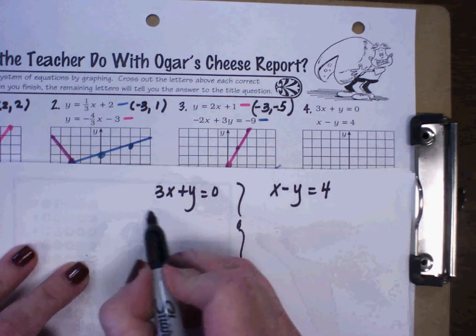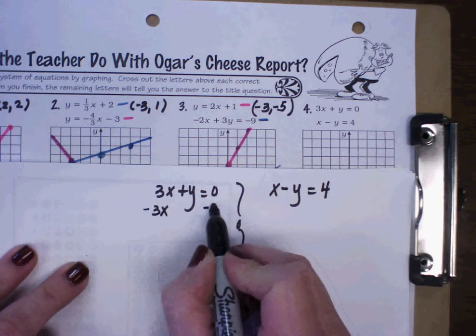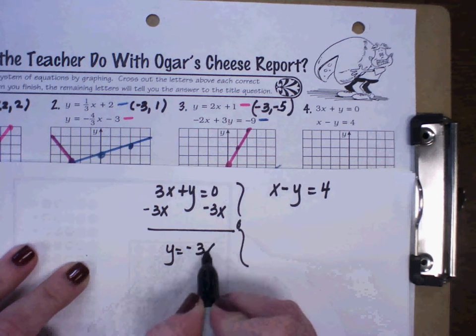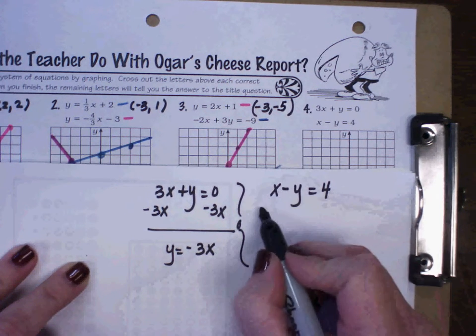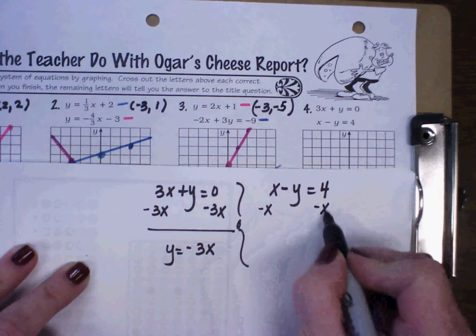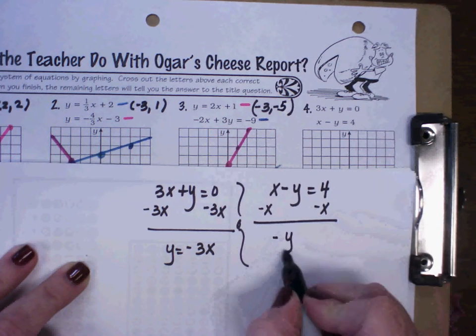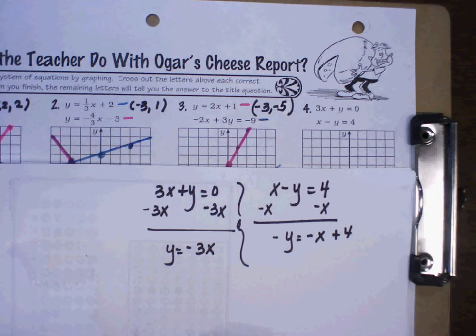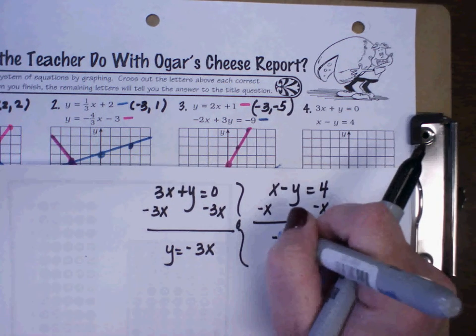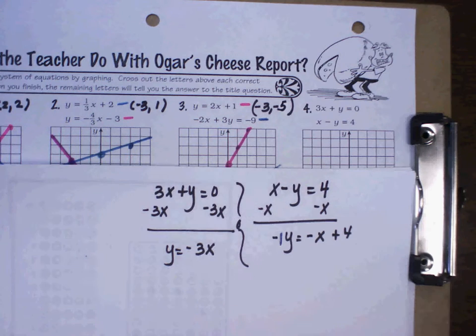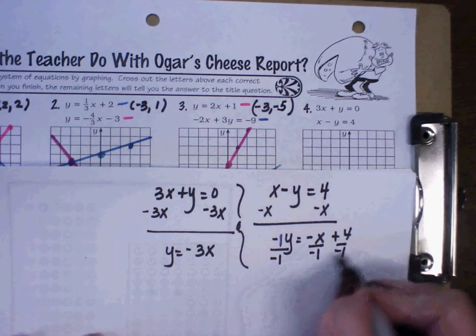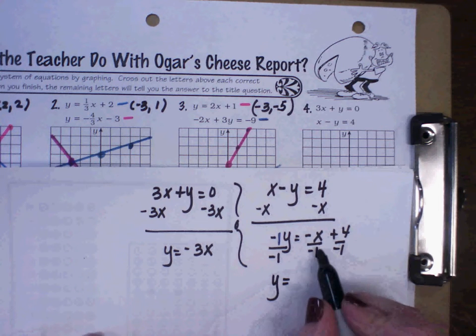And in this one, we have to do minus x and then divide by negative 1 because there's an invisible 1 right here. So y equals what's negative divided by negative? Positive x. And then what's positive 4 divided by negative 1? Negative 4. So these are the two that I need to graph.